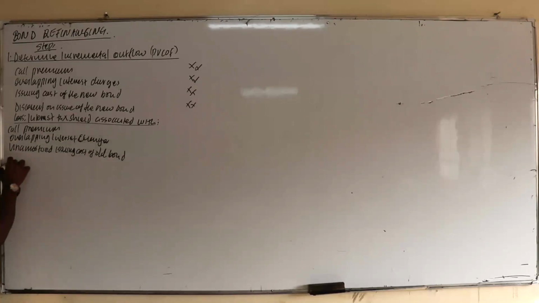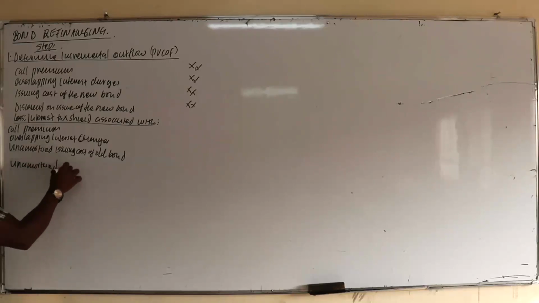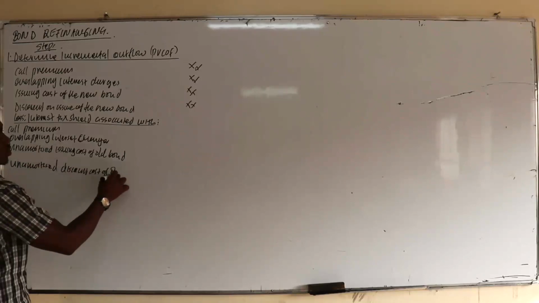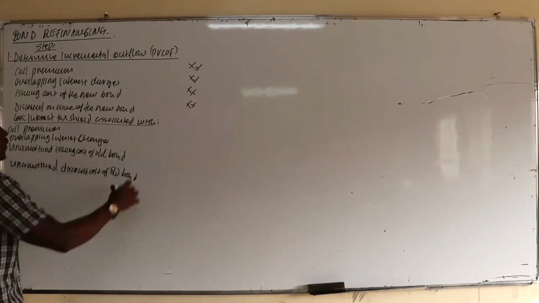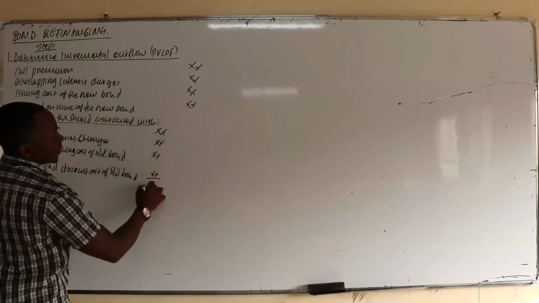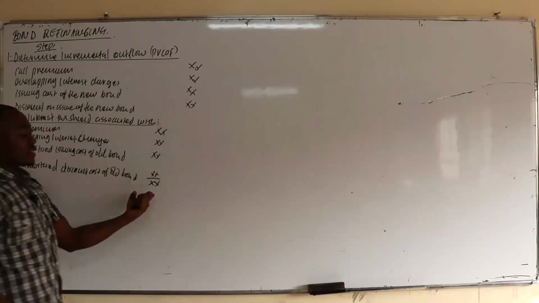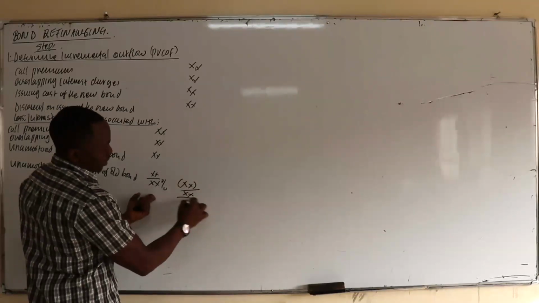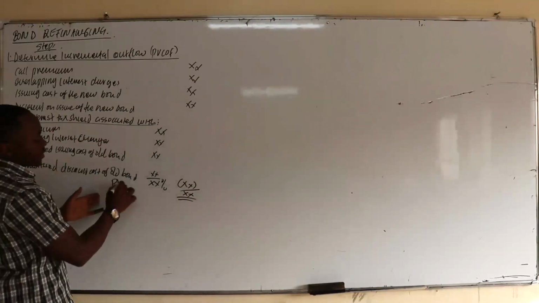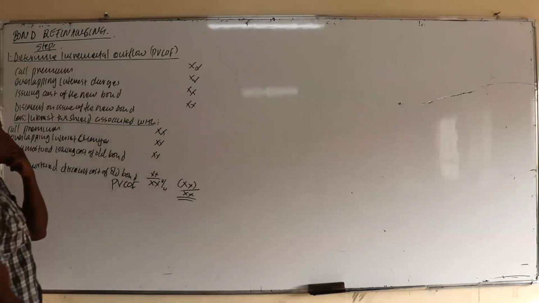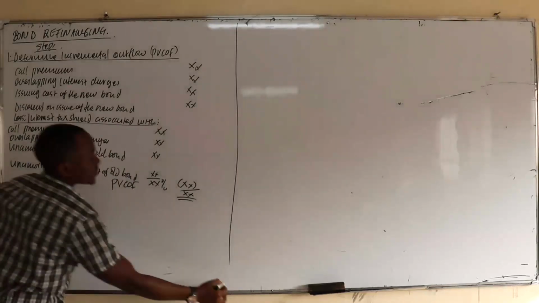Then you also factor in the unamortized discount cost for the old bond. Then what you get, you multiply by the tax rate. And that's how we get our present value of cash outflow, the cash required to refinance the bond.